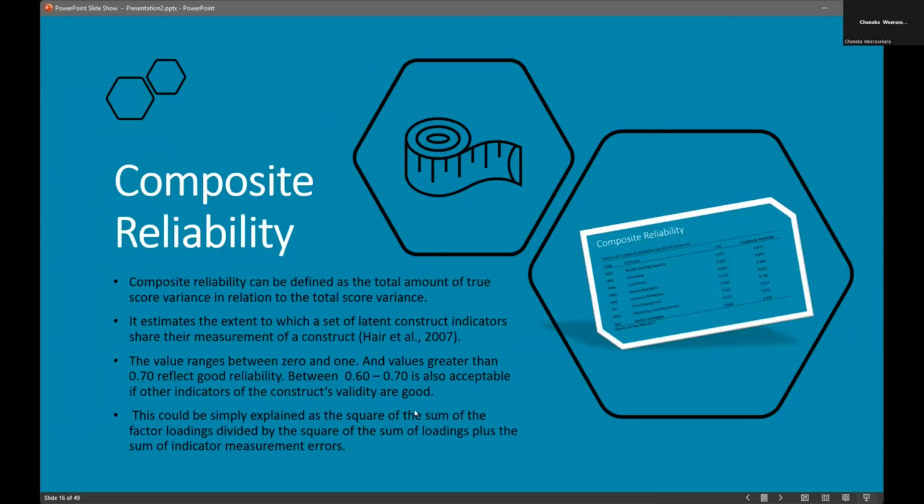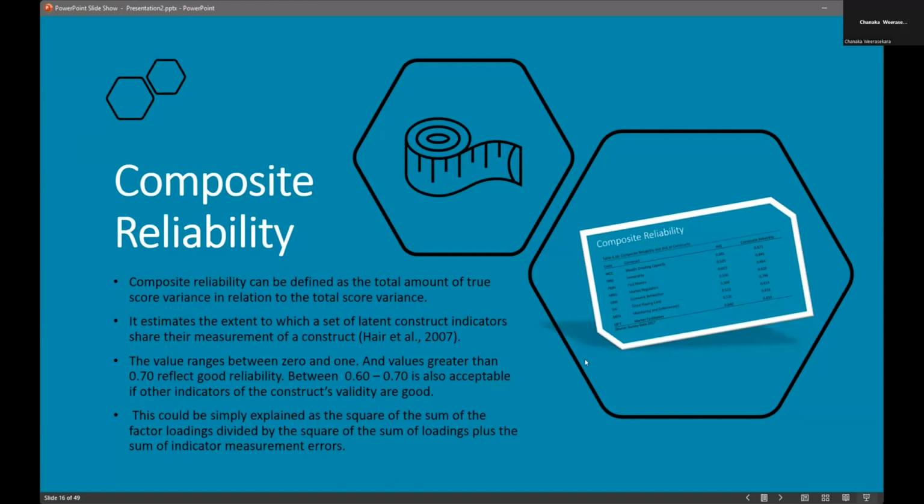Then we are coming into another one, which is called composite reliability. Composite reliability can be defined as the total amount of true score variance in relation to the total score variance. It estimates the extent to which a set of latent construct indicators share their measurement of the construct.